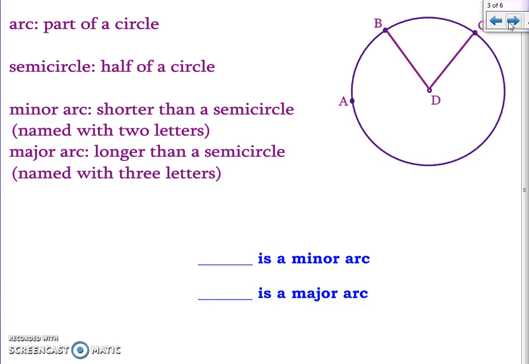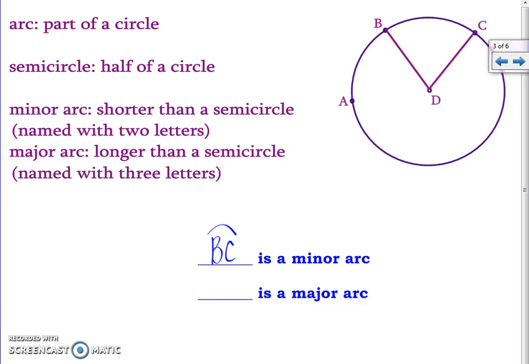To talk about that, we need a reminder of these. We talked about these before. So arc is just part of a circle, semicircle is half a circle, minor arc is less than half, major arc is more than half. Looking on this picture right here, which arc is a minor arc? BC or CB? The symbol above it is an arc.